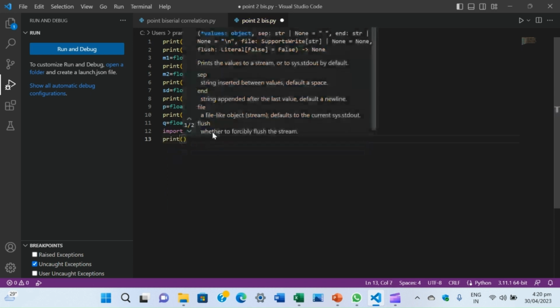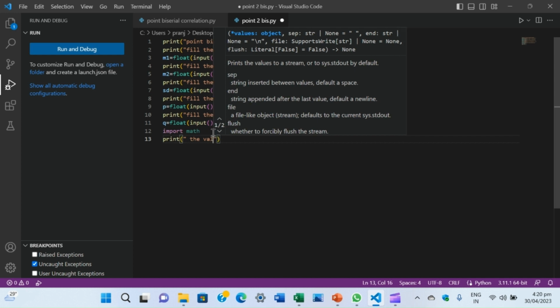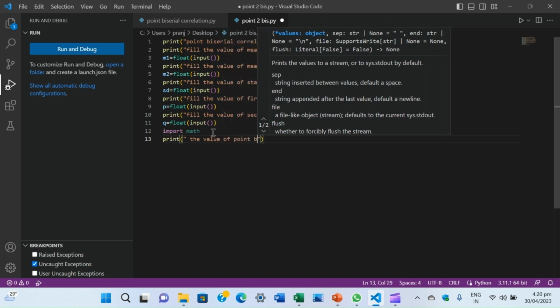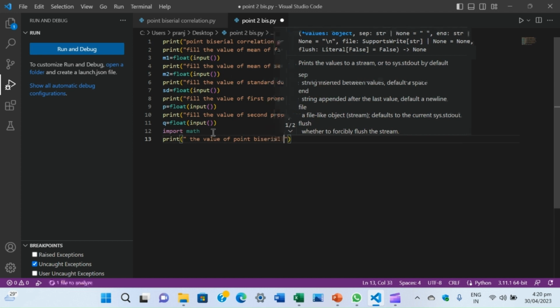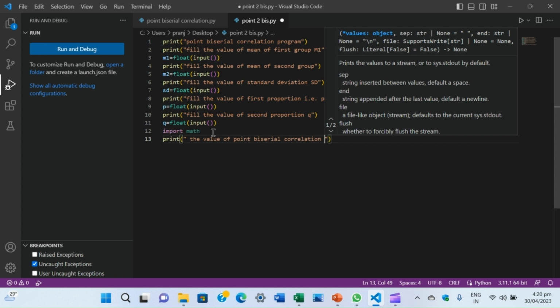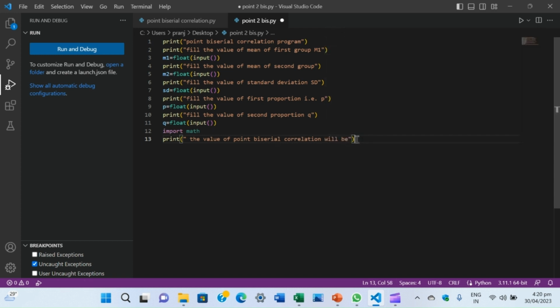bracket, double inverted comma, the value of point biserial correlation will be, and now we will define the formula.